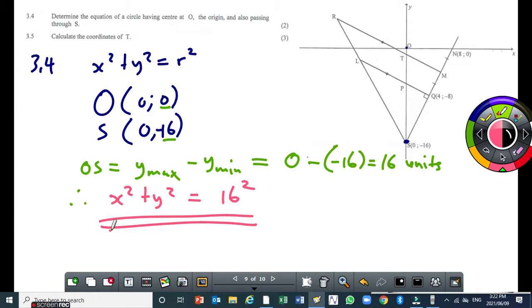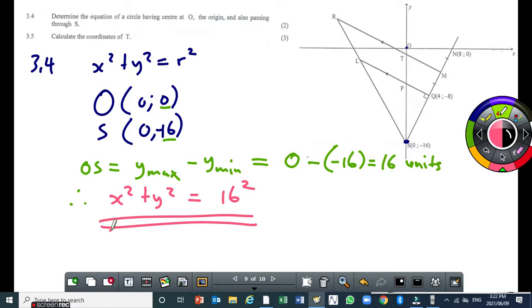Then 3.5, calculate the coordinates of T. If you look at this question, I think some people who were used to seeing a grade 11 question on its own were probably shocked, because they combined grade 10 and 11 in this question. It was supposed to be a grade 11 question only, but they also put a circle, a grade 12 concept.